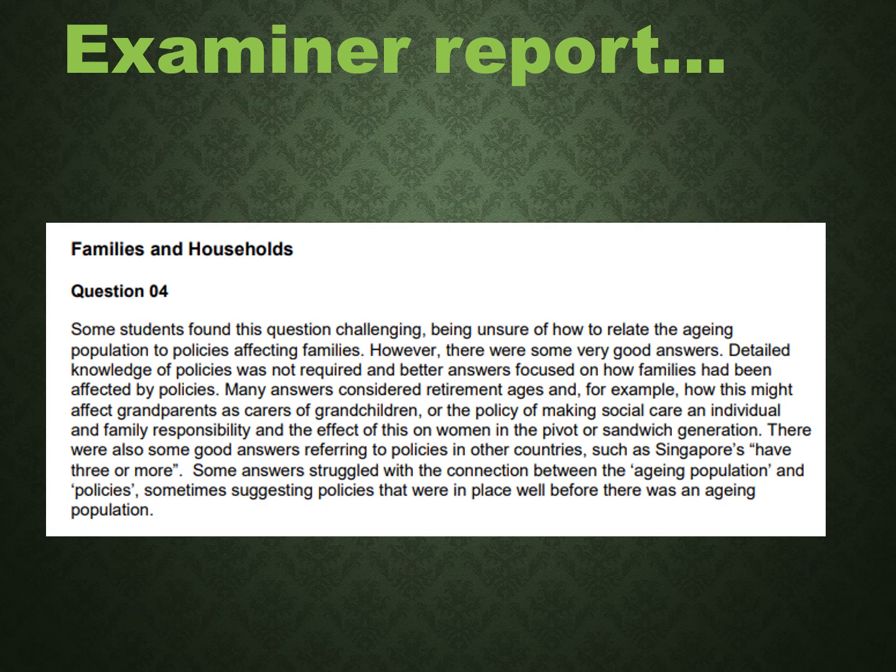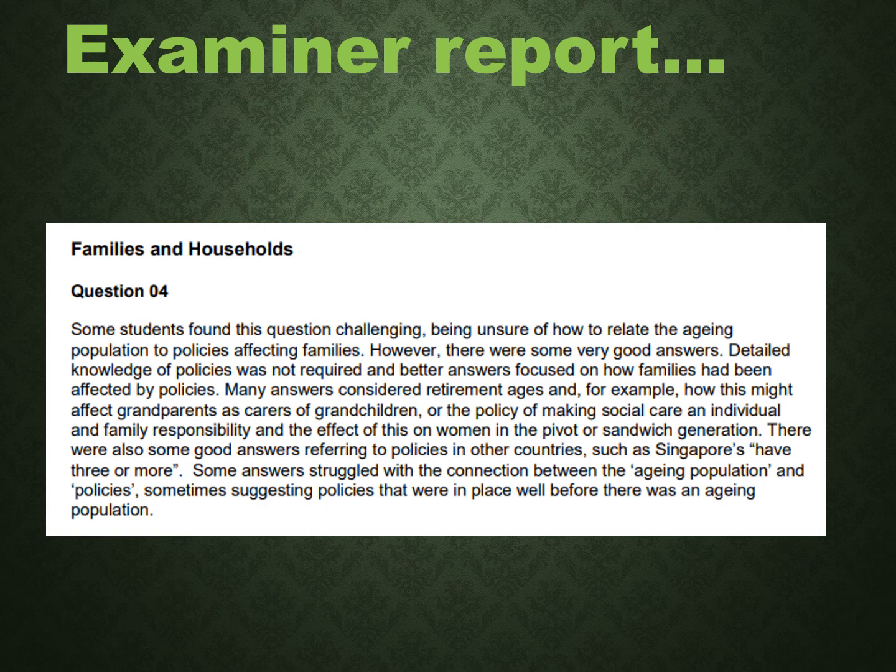Most answers considered the retirement age, like what my student did, and how this may affect grandparents as carers of grandchildren, or we looked at it from a different angle and how women in particular were looking after their elderly relatives. They also mentioned the effect on women in this pivot or sandwich generation, because they're looking after elderly relatives and their children as well.